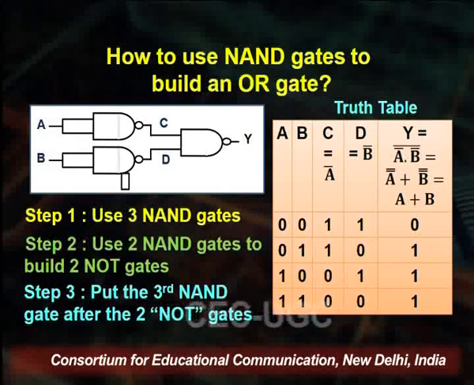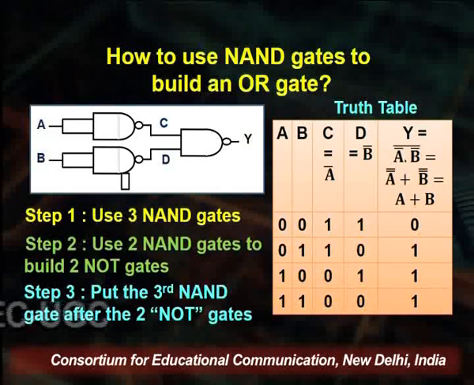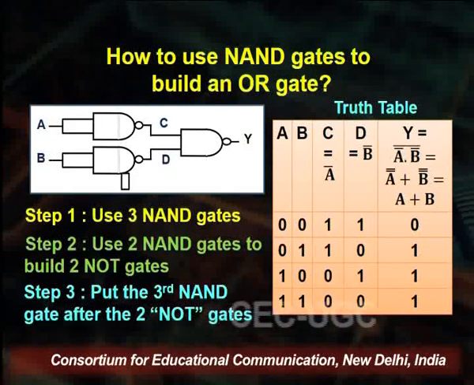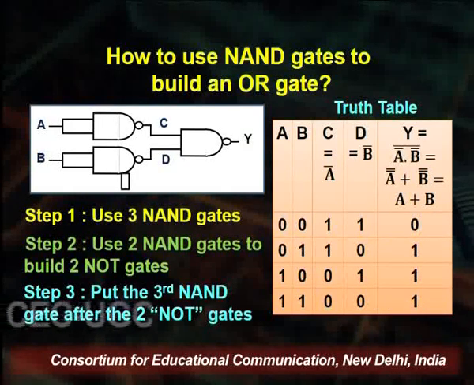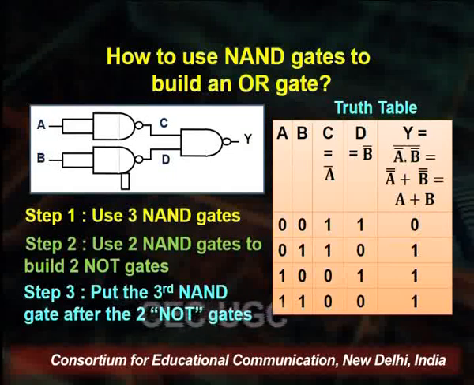So, we can see from the figure that for the inputs A and B, if we compare them to Y, the final output, when A, B are 0 0, the final output Y is 0. When A is 0, B is 1, Y is equal to 1.